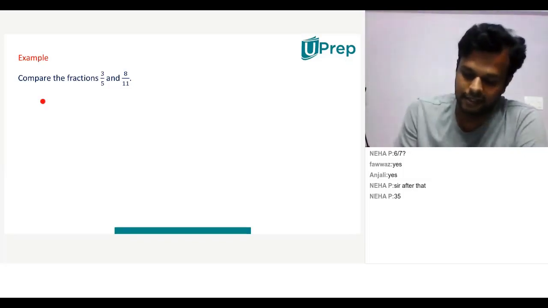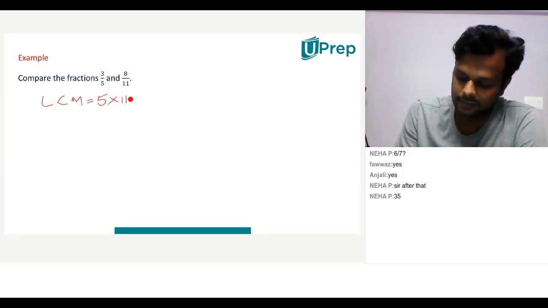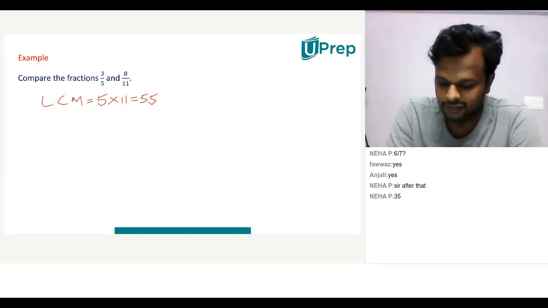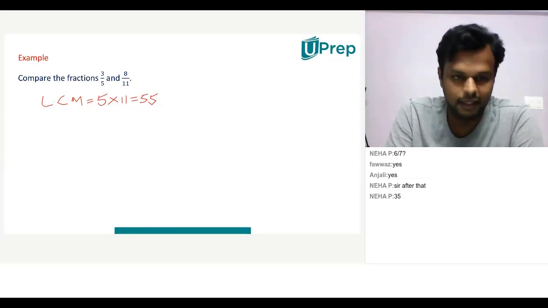Children, the LCM in this case will be 5 into 11. Sir, I already got it. Very good, very good. So the LCM is 55 children in this case. So that means I need to multiply the fraction 3 by 5 with 11 in the numerator and denominator, isn't it?